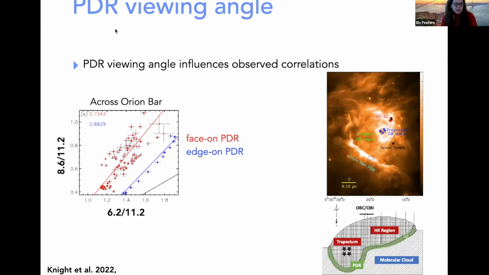In addition, we found that if you, for example, look at a star-forming region, such as the Orion Bar, with the nice stratified structure that I talked to you about before, the ionized gas, the PDR, and the molecular cloud, you can also see differences in correlation between some power ratios depending on whether you look at a face-on PDR or an edge-on PDR.